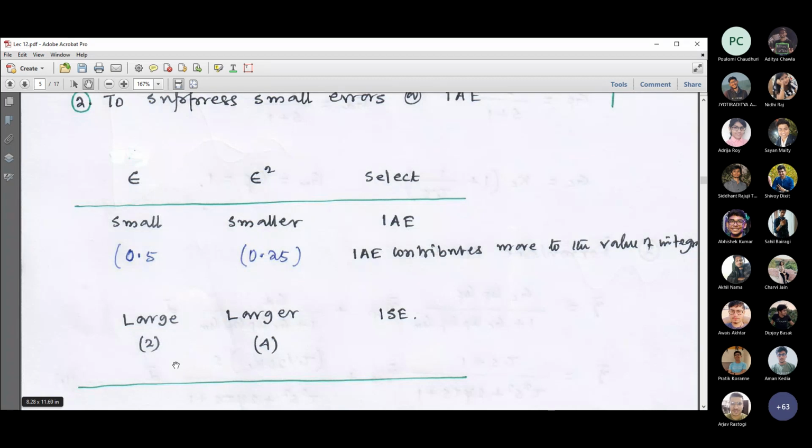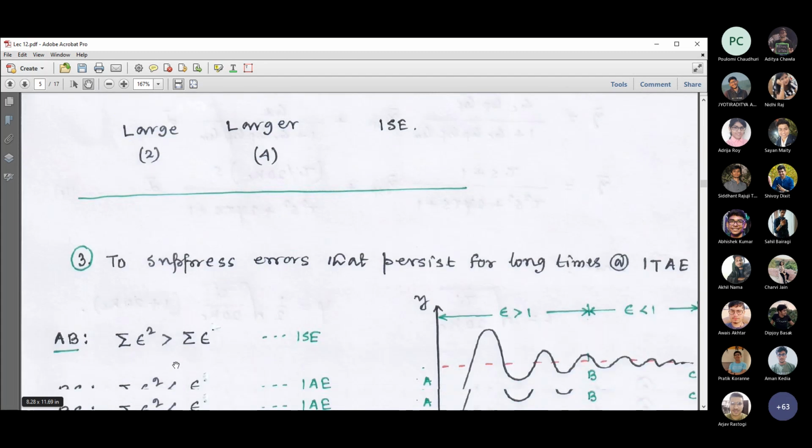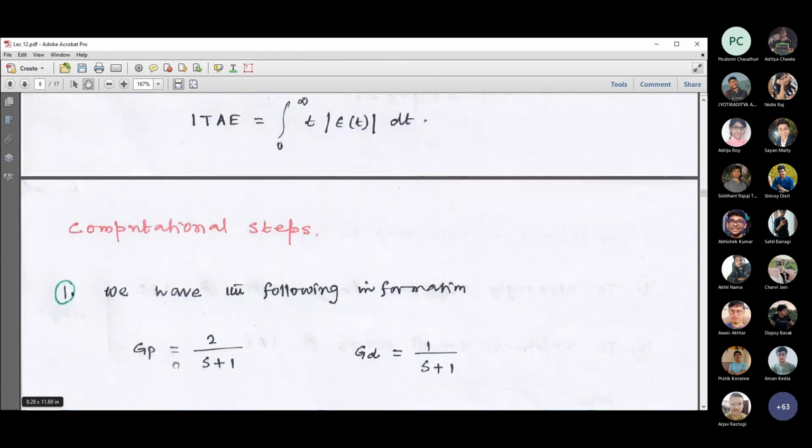Answer is temperature, pressure. They are always greater than 1. So composition is one example, for which case we prefer IAC performance criteria. Temperature or pressure are two examples, for which case we prefer IAE performance criteria.